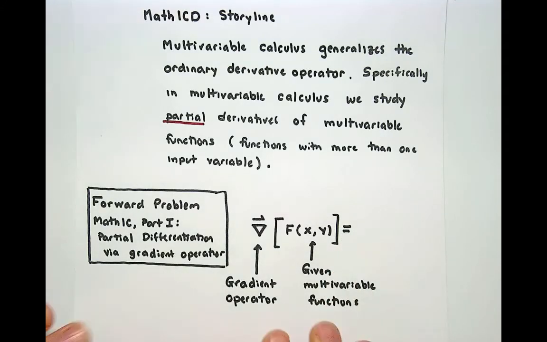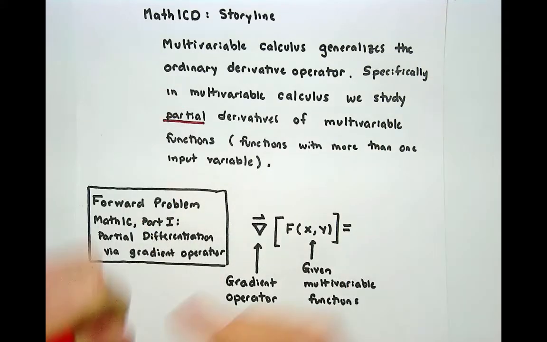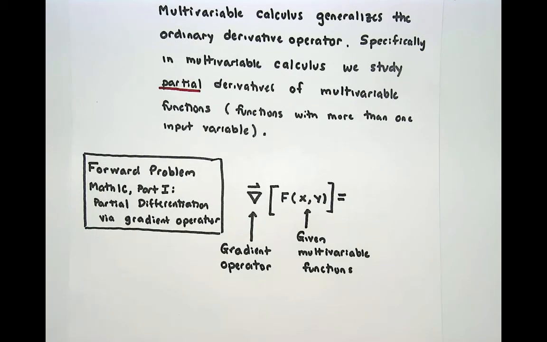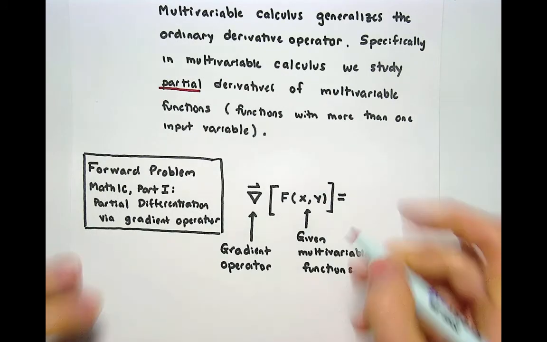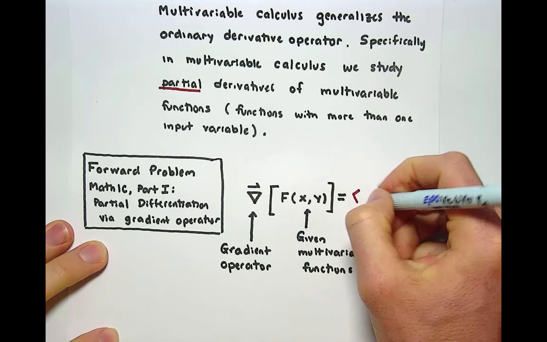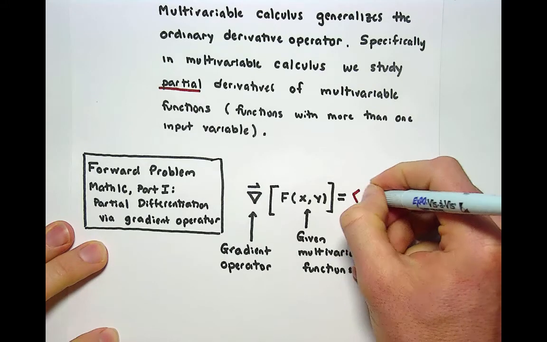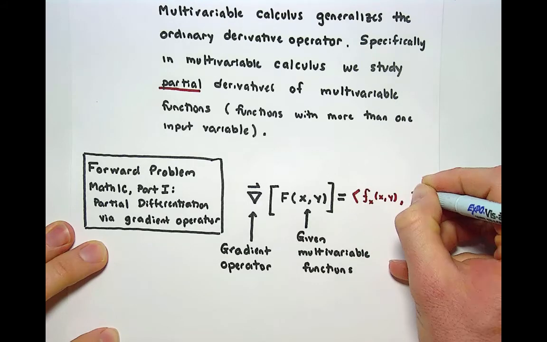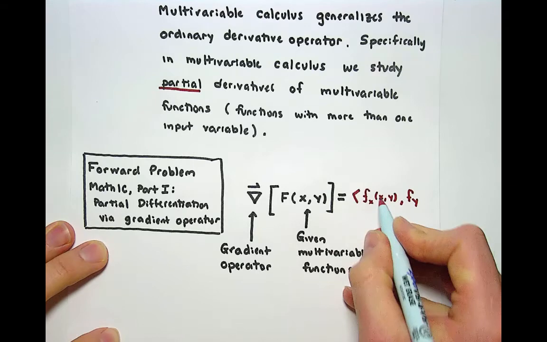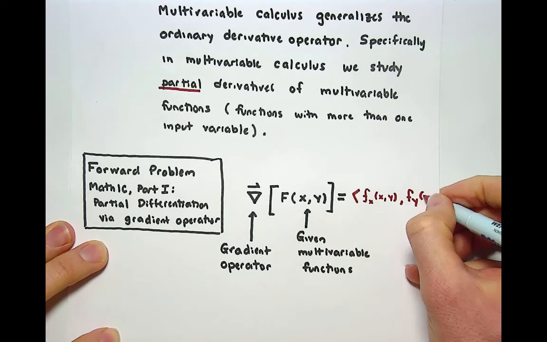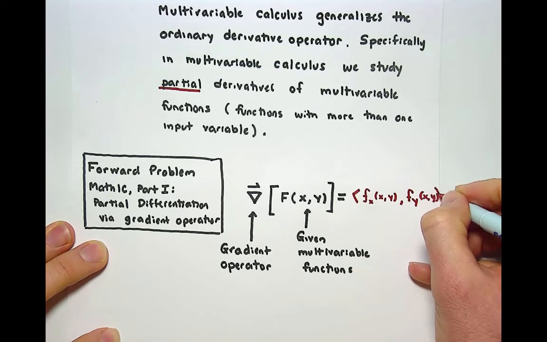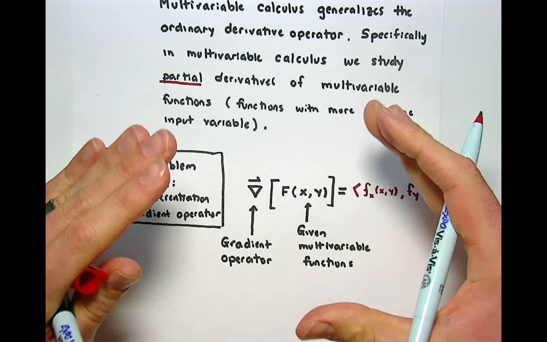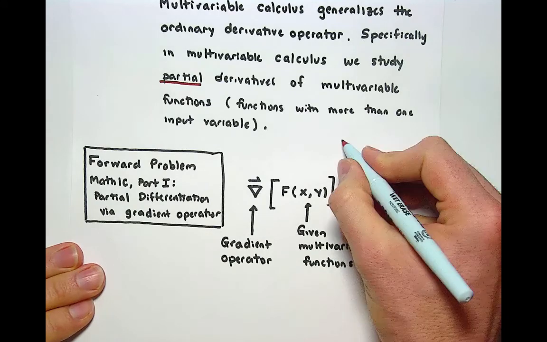And then this is where things get really interesting. The derivative of this multivariable function actually happens to be a vector. And this vector looks something like f sub x of xy and f sub y of xy. These are vector notation parameters, which we'll talk about later.